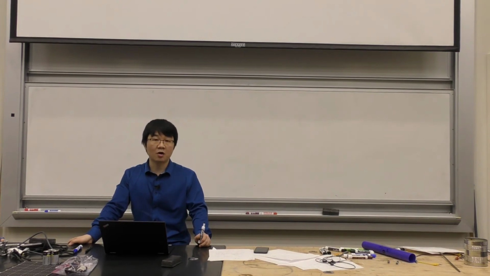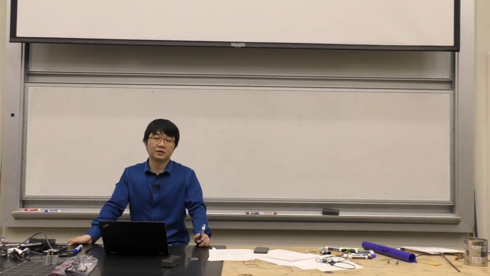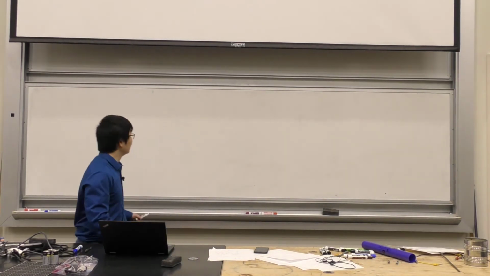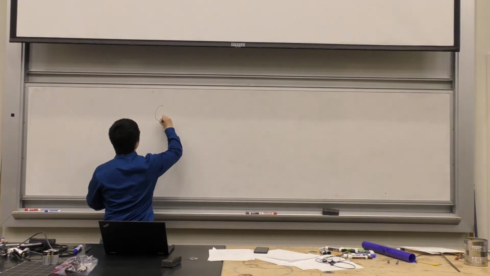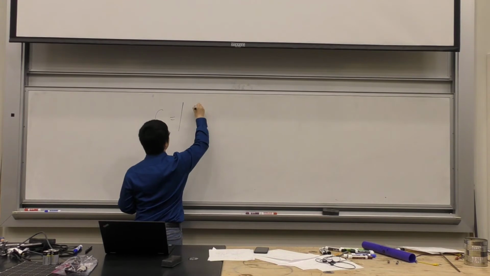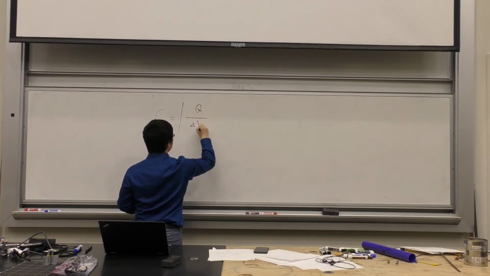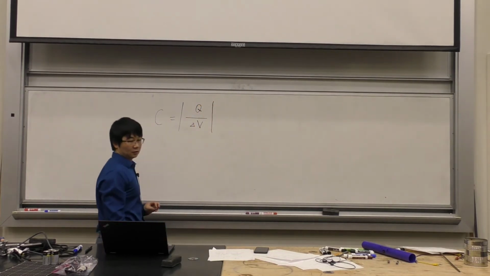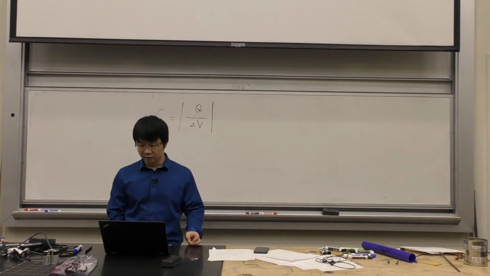So it's a property of this capacitor, and when something is a constant property, it deserves a name. We define the capacitance as the charge on each conductor divided by the potential difference.